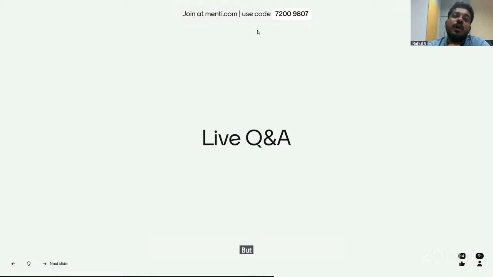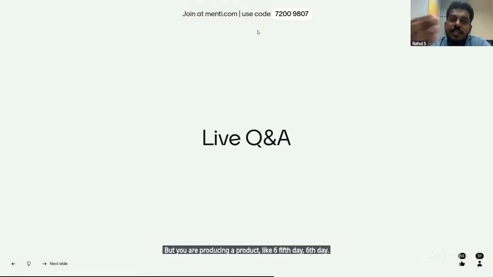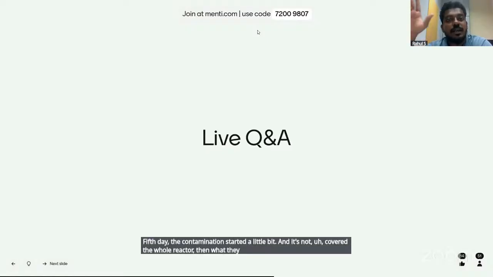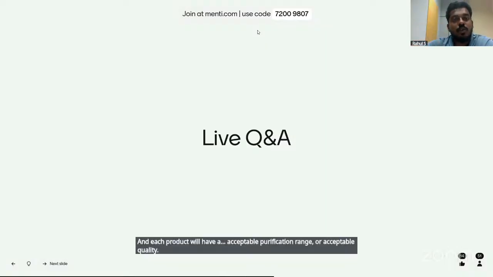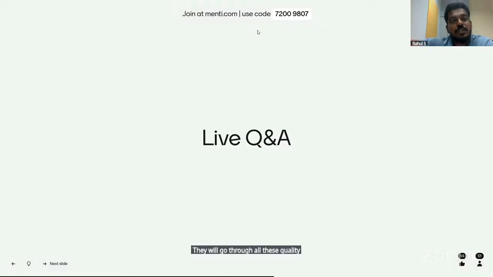But if you are producing a product and on the 5th or 6th day the contamination started a little bit and has not covered the whole reactor, then they will stop the reactor and start purifying it. Each product has an acceptable purification range or acceptable quality, and they go through all these quality checks, QC, QA, everything. If the process accepts that, the product goes to the next step, or else it is destroyed there itself.